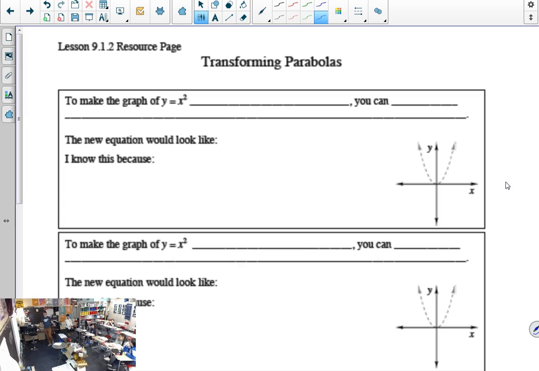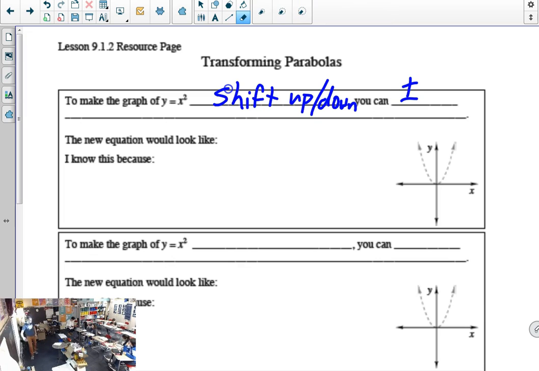So, easiest thing to do. To make the graph of y equals x squared, what do you want to say first? Vertical shift. You can add a number together, add or subtract. But you can just say add a number and the number can be negative. Right? Add a constant.